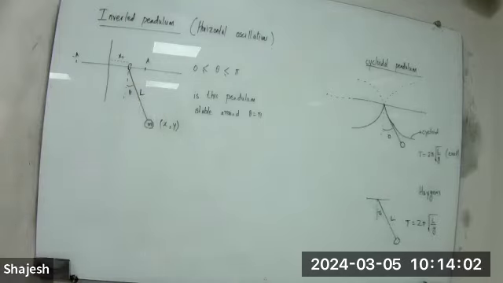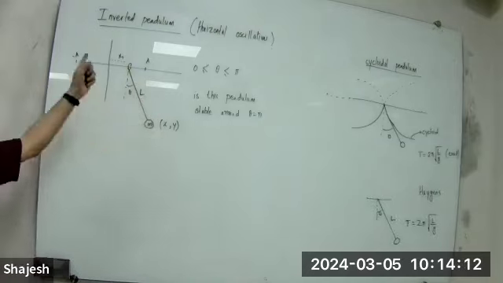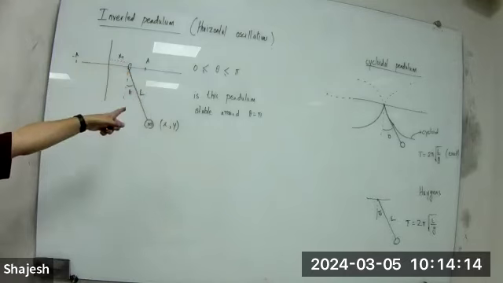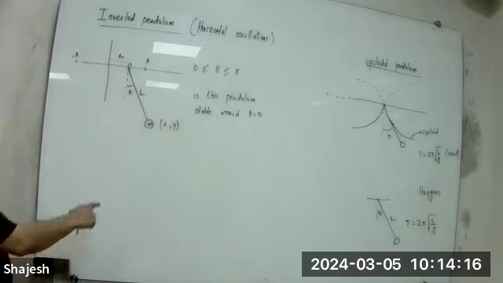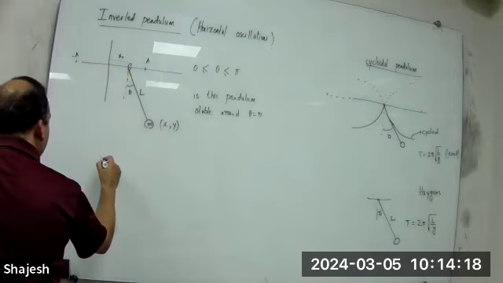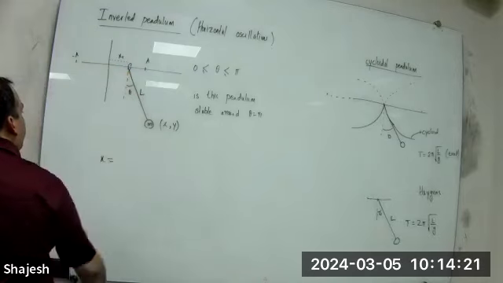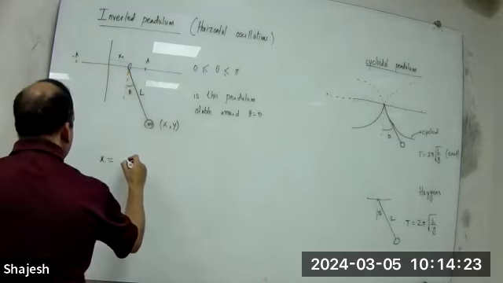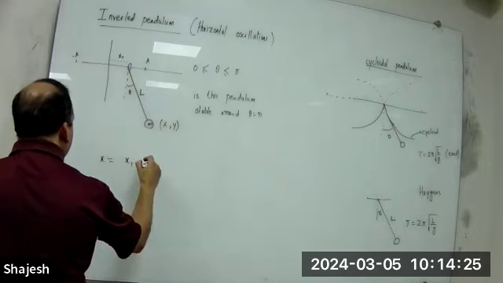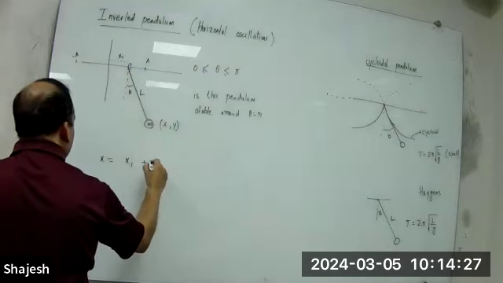When we do Lagrangian mechanics, we try to find the equations or constraints governing them. And here the constraint is L is fixed, so I don't have to worry about that. So what are the coordinates? X is in terms of X1, so it is X1 plus L sine theta.